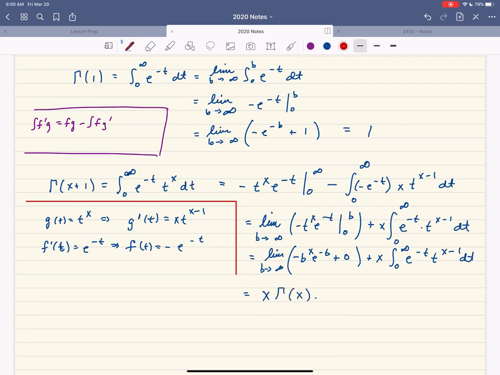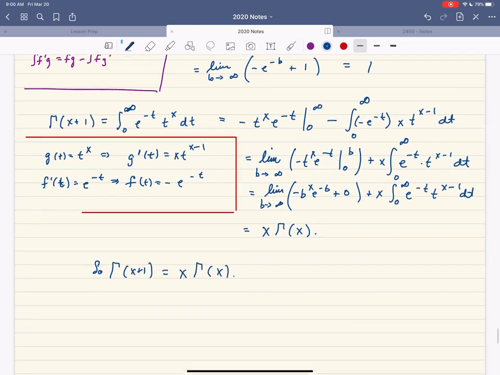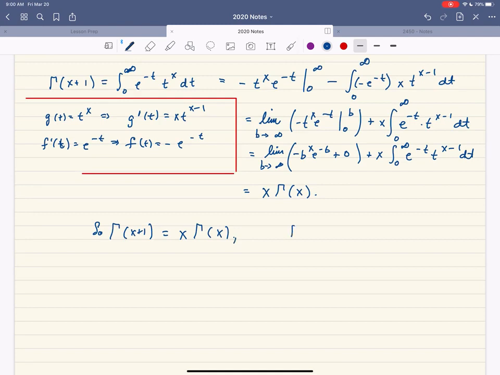So just in conclusion, let's see what we've shown here. What we just said was that gamma of x plus 1 is going to be x times gamma of x. And we know that gamma of 1 is 1. So if we think about gamma of, say, 5, that's going to be 4 gamma of 4.